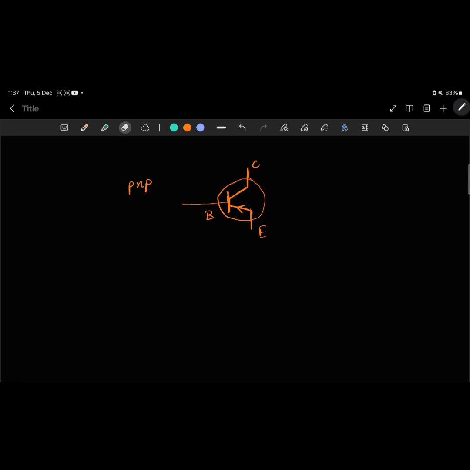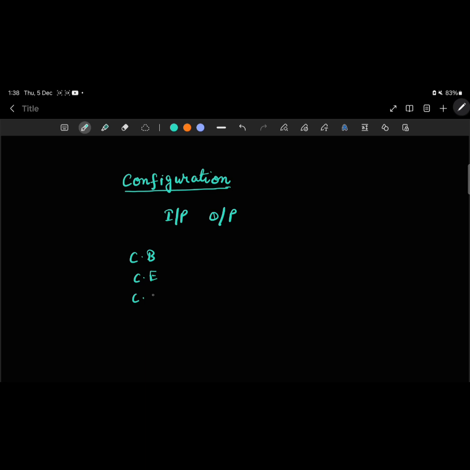Now let's talk in further detail about the active region of operation. There are three different configurations which can be applied in the active region. It depends on the terminal which is common to both input and output. There are three types of configurations. They are common base, common emitter, and common collector configurations.